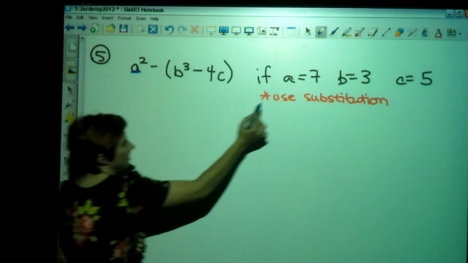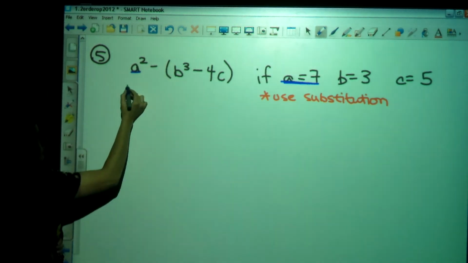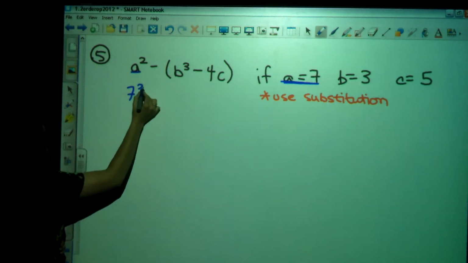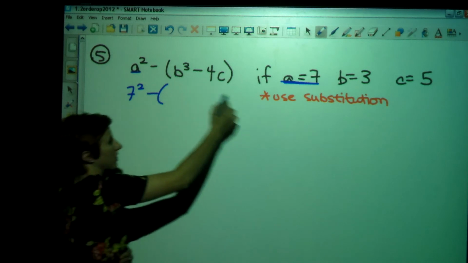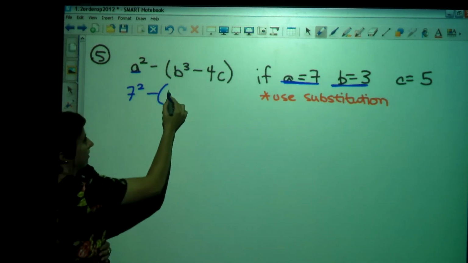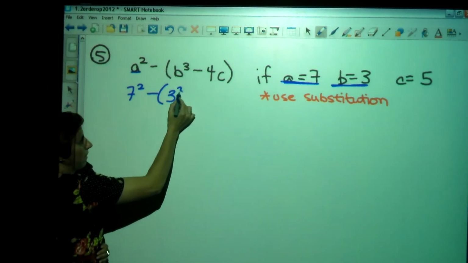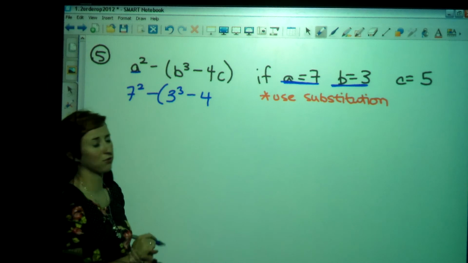So a is 7, so instead of saying a squared, I'm going to write 7 squared minus, and then drop down my parenthesis, b, and over here it says b is 3. So instead of saying b to the third power, I'm going to say 3 to the third power minus 4. And here's where we have to remember the rule.